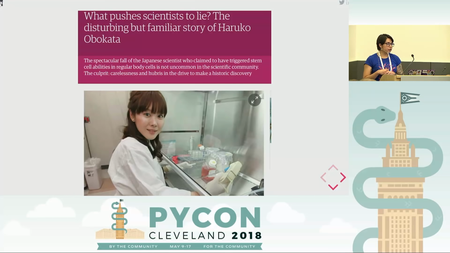Haruko Obokata was a student of one of the pioneers in the area of stem cells, and she was a rising star. She published incredibly amazing results within a year or 2 years of getting her PhD. She had her own lab, millions of dollars in grants. She had her life laid out in front of her.